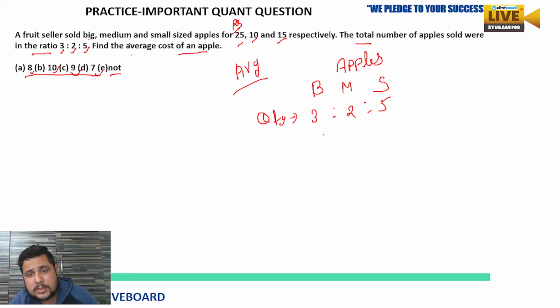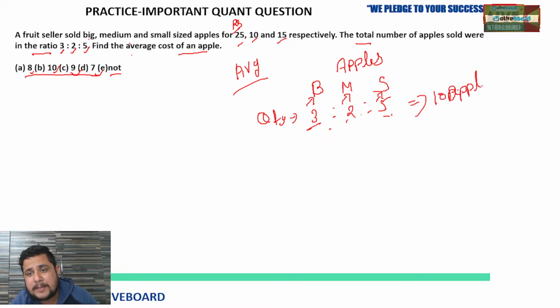No actual quantity is given, but we can assume that 3 parts of that particular quantity belong to the bigger size, 2 parts belong to medium size, and 5 parts belong to small size. So we are assuming 3 plus 2 plus 5, so there are 10 apples minimum.